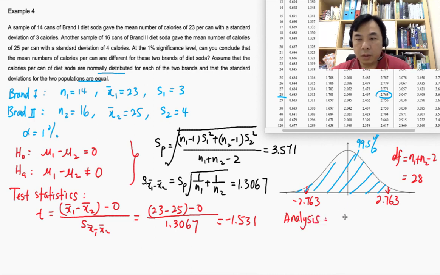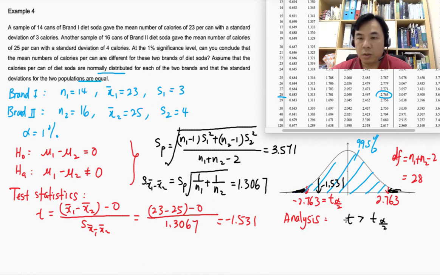We notice that the critical value, this is our critical t value, is much smaller than the observed t value here. Our observed t value is somewhere here, that is negative 1.531. So here we can say that our t is greater than the critical value. So because it's greater than the critical value, we know that these are all rejection zones.